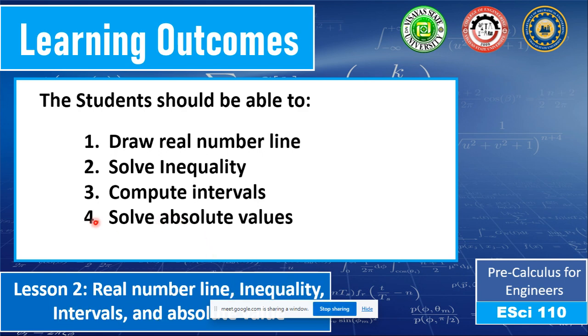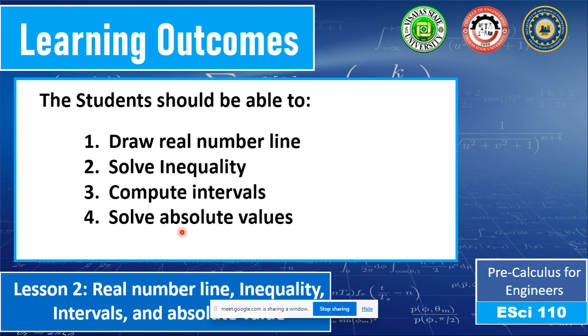After this lesson pala, you'll be able to learn how to draw real number lines. Then you'll be able to solve inequalities. Then you'll be able to compute intervals or interpret. Same din sa inequality, you can interpret these inequality expressions, and then you will be able to solve absolute values.